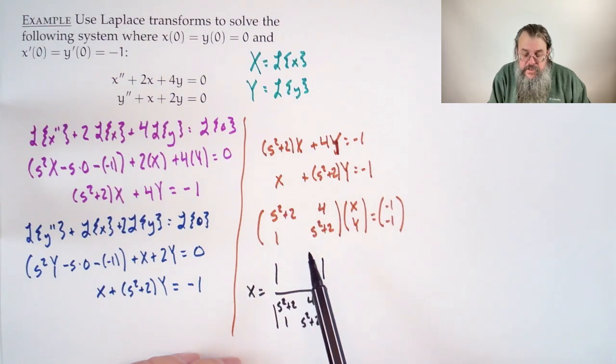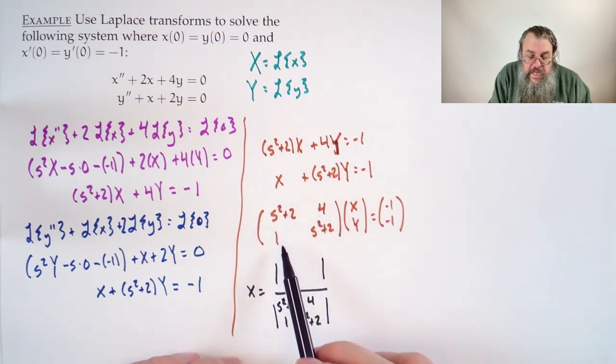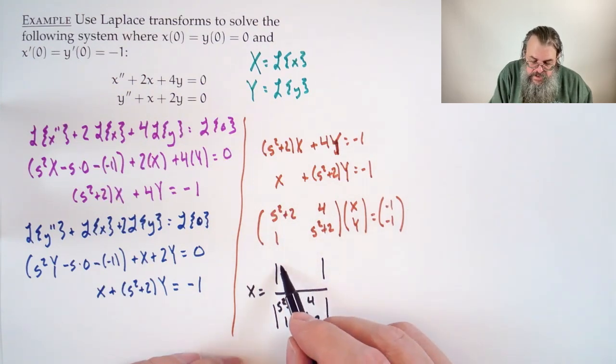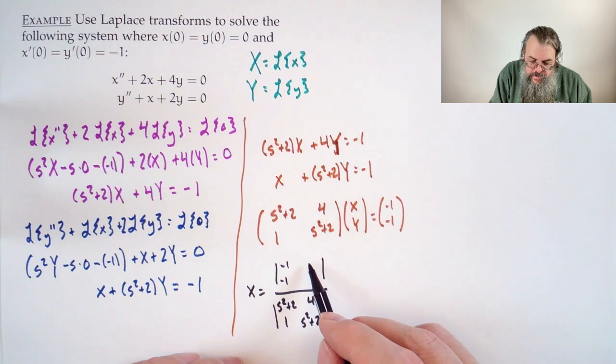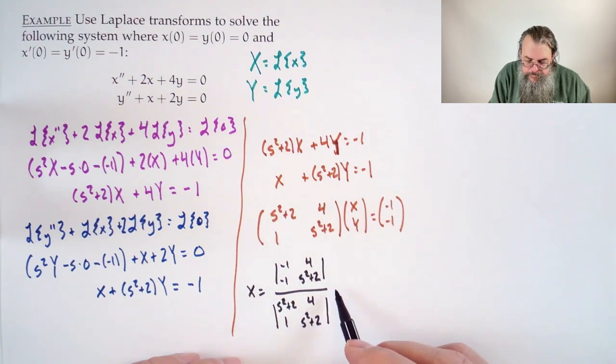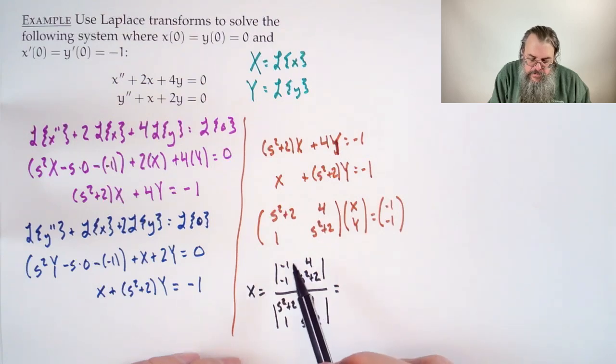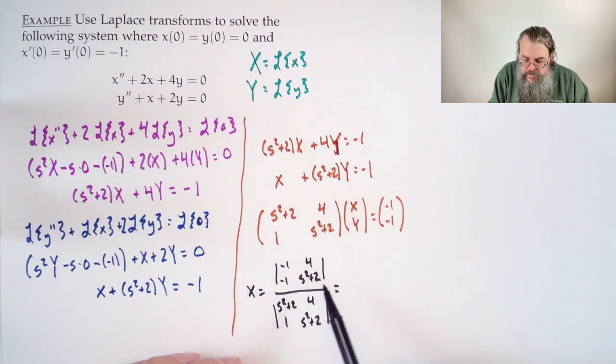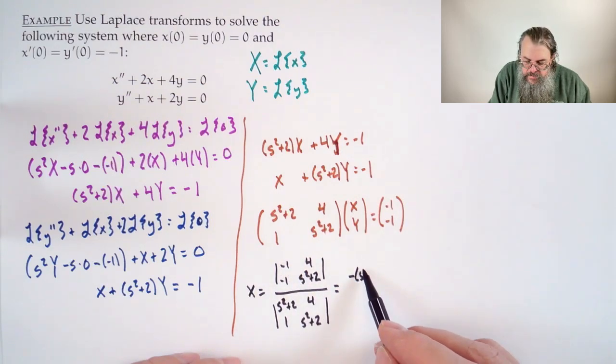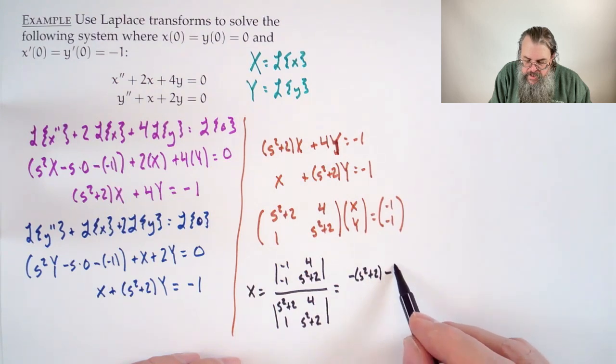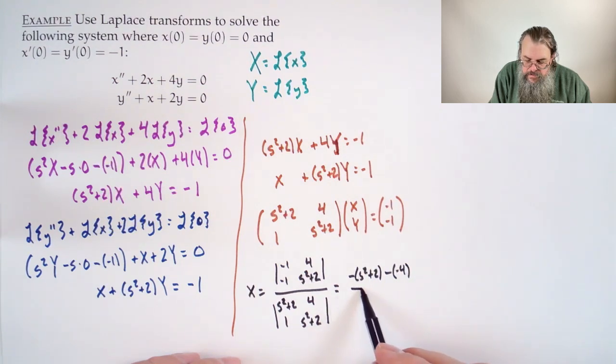And upstairs, well, you replace the X column by your minus 1s. So that's what we'll have. So if we do this, we're going to get minus (s squared plus 2) minus negative 4, and we'll simplify that in a second. Here we get (s squared plus 2) squared, and then subtract 4.